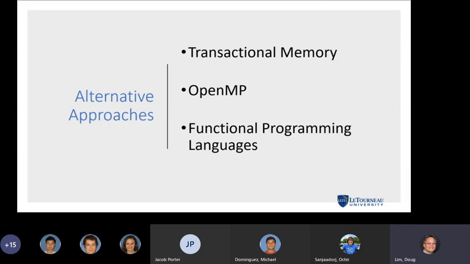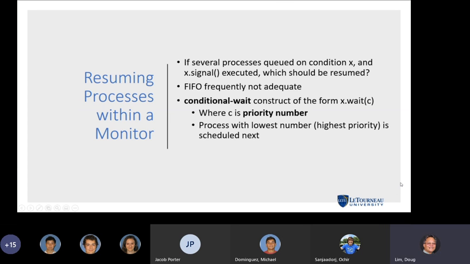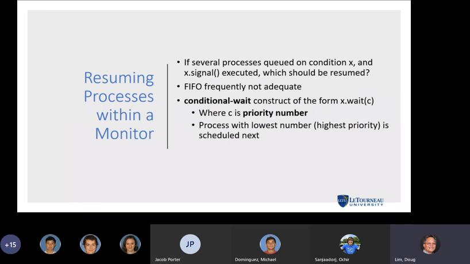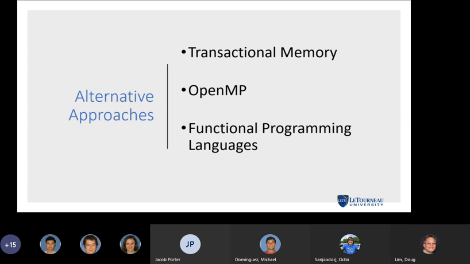Just going back a little bit here. We were discussing monitors and how they're a very nice mechanism to make synchronization of threads and processes easier. It's built into languages, and in fact, there's even an operating system that has it as a key component of it. And anyway, we are now going to look briefly at some alternative approaches.